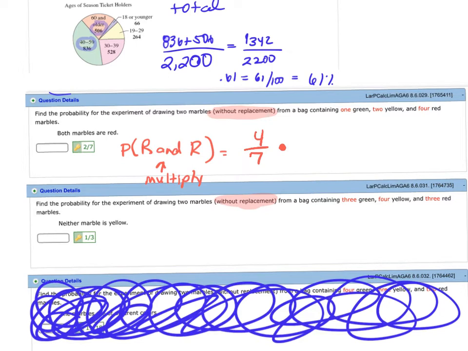Did I put it back in? No. So how many are left in the bag? 6. And how many of those are red? 3. We're going to assume we got what we wanted. So I multiply, I have 12 out of 42. And when I simplify, I get 2 out of 7.